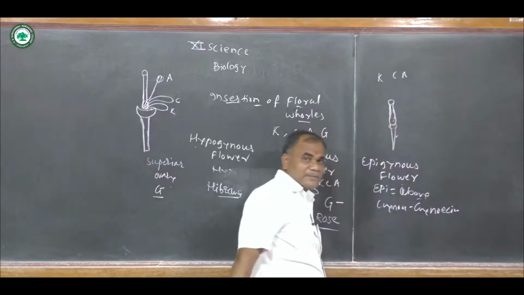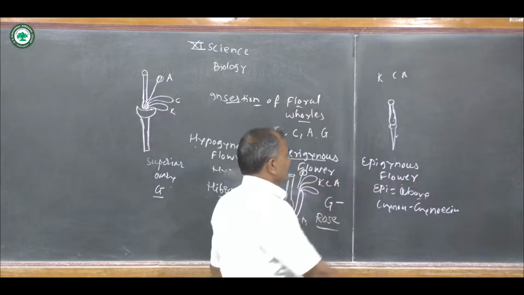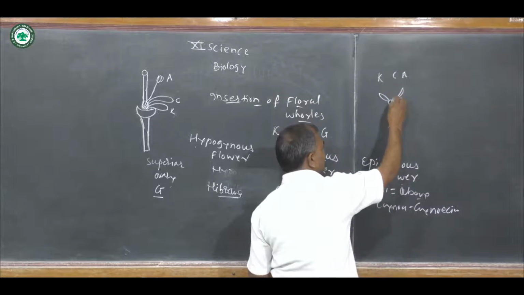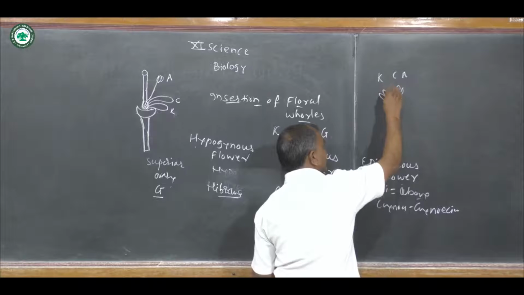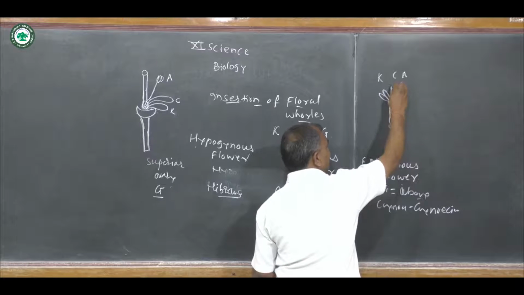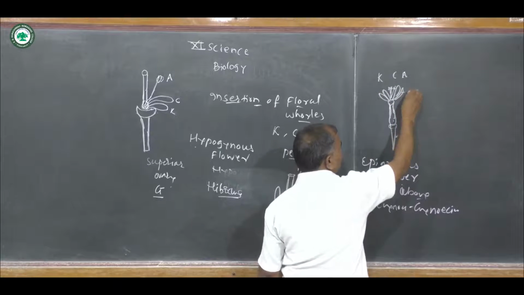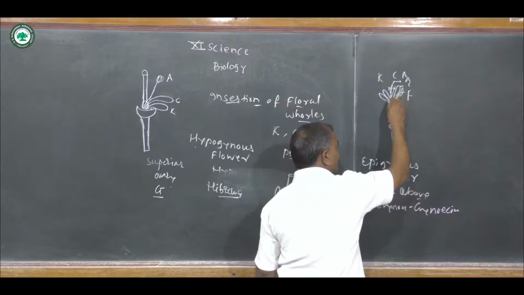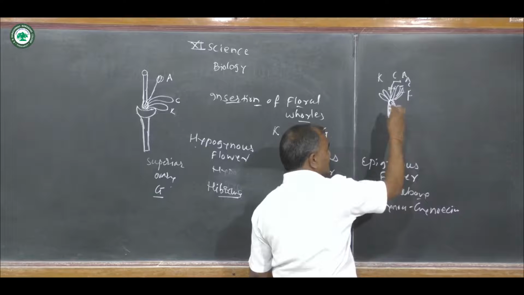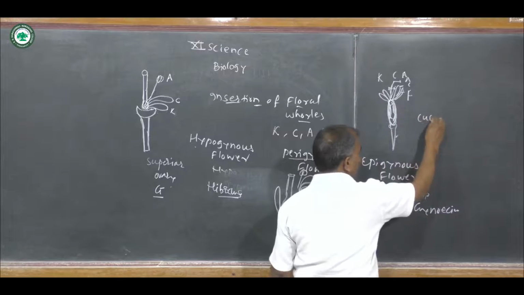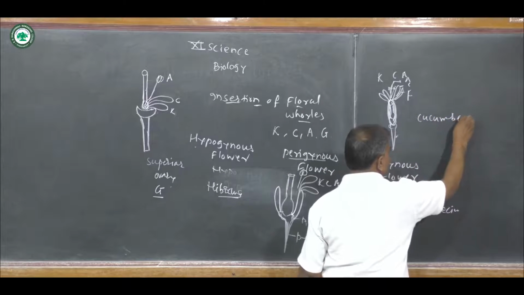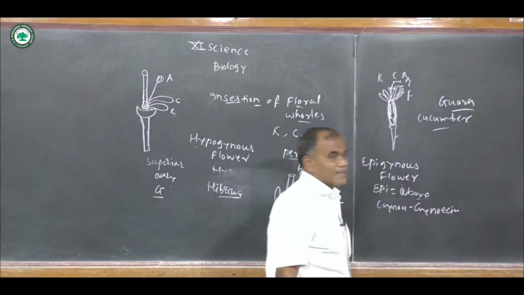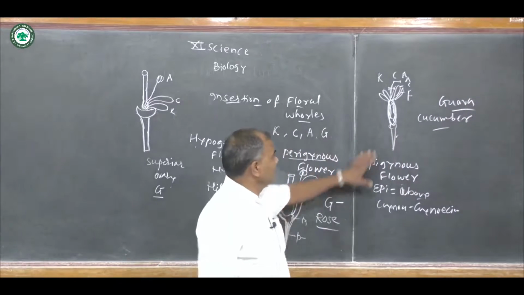So what is meant by epigynous flower? Here are the calyx, seen on both sides, here are the corolla, and the central part is the androecium. Below these, the ovary is produced. The best examples for it are cucumber and guava.